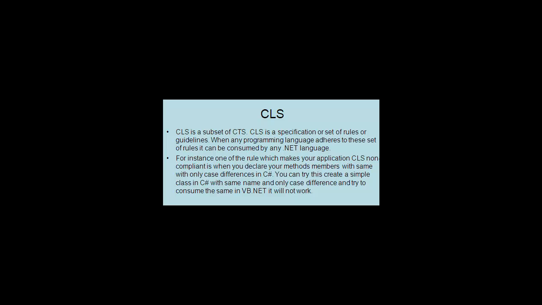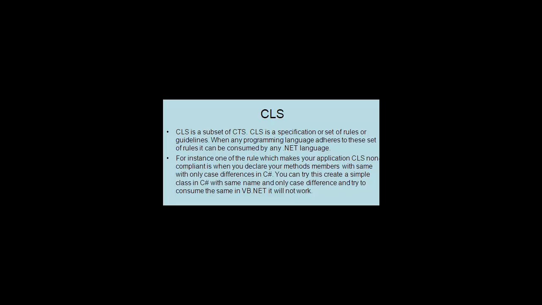Remember that there is a lot of code in C# which can make your code non-compliant, and it's possible that VB.NET will not be able to call it. For example, C# is case sensitive, while VB.NET is not. So if you define two variables with the same name, differing only in case, the VB.NET code will not be able to consume it.